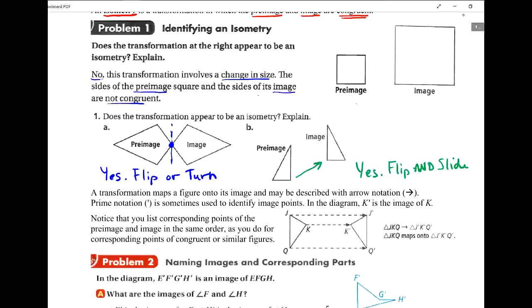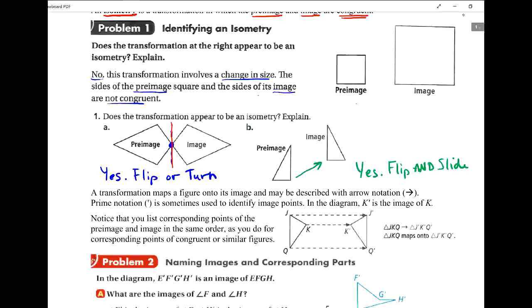Okay, these were pretty easy to start. Are these isometries? Isometry means that your pre-image and your image are congruent. So the first one, yes, we could either flip it across this center line here, just flip it over, or we could rotate it around 180 degrees and it would end up on the image.